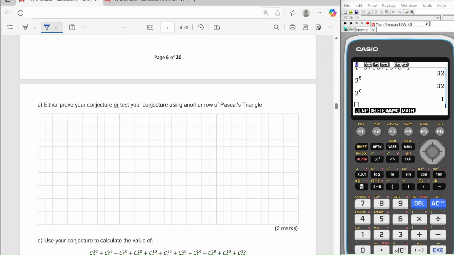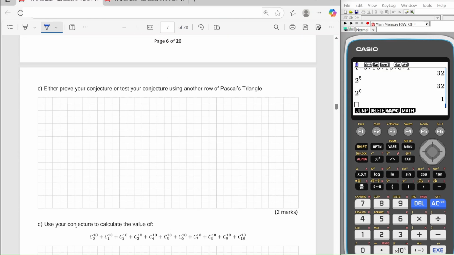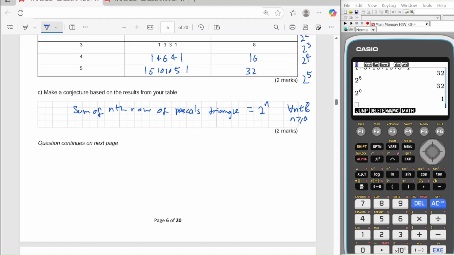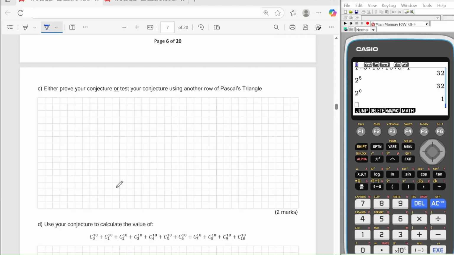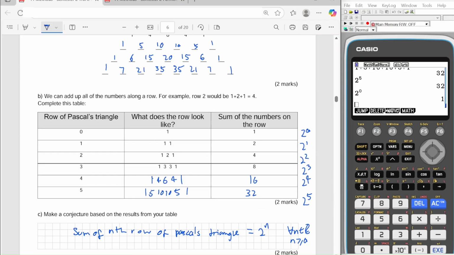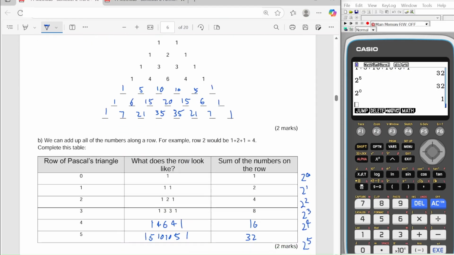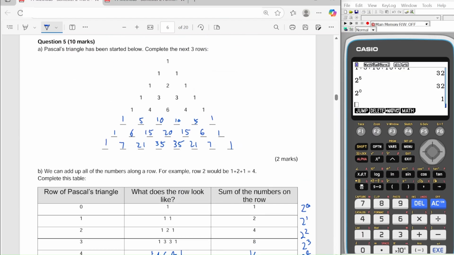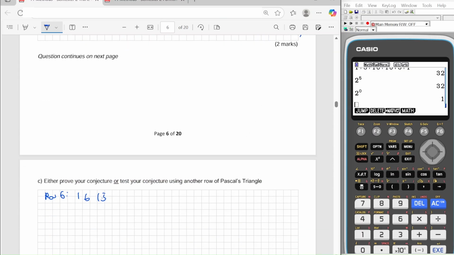Okay. Prove your conjecture or test it using another row of Pascal's triangle. So basically you can just use another row, and that's what we're going to do. So we're going to look at row 6. So row 6 is 1, 6, I think it's 15, 20, 15, 6, 1.